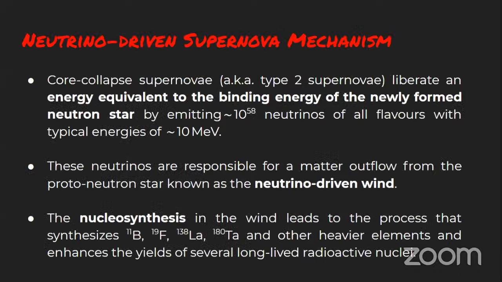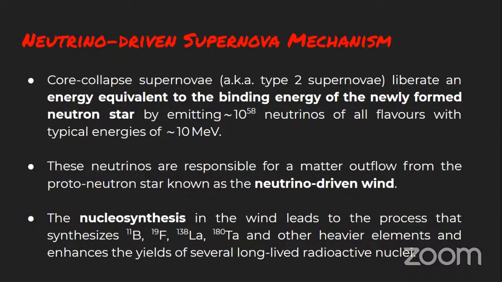Okay, so neutrino-driven mechanisms in supernovas. Within seconds after the infall, the core collapse supernova radiates a vast majority of its binding energy, about 99% of its binding energy, in the form of neutrinos of all flavors.